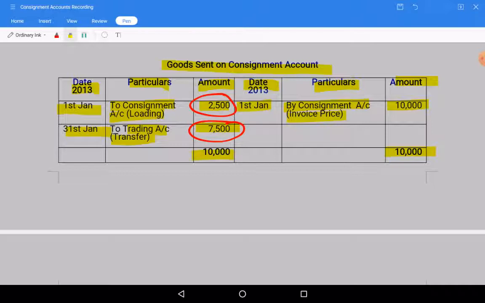See one thing, in the cost price method you will directly write consignment account 7,500. There will not be this additional entry posting to consignment of the loading portion. Directly 7,500 it will be.